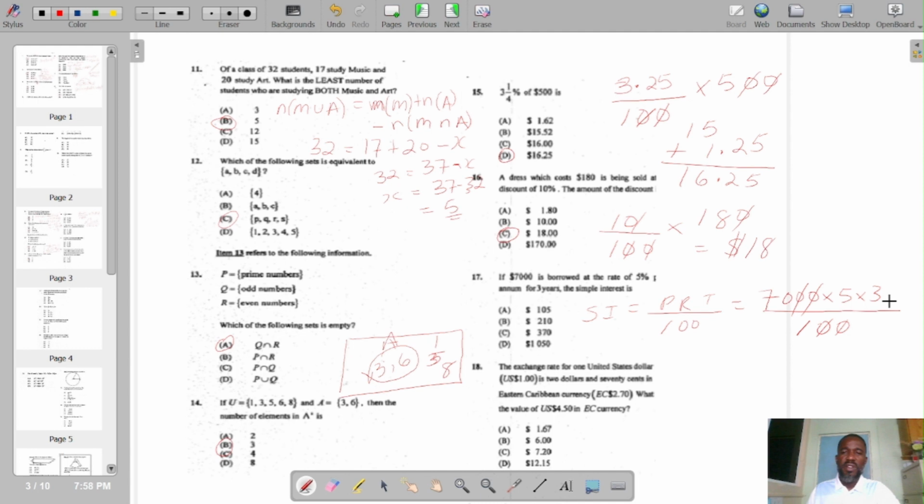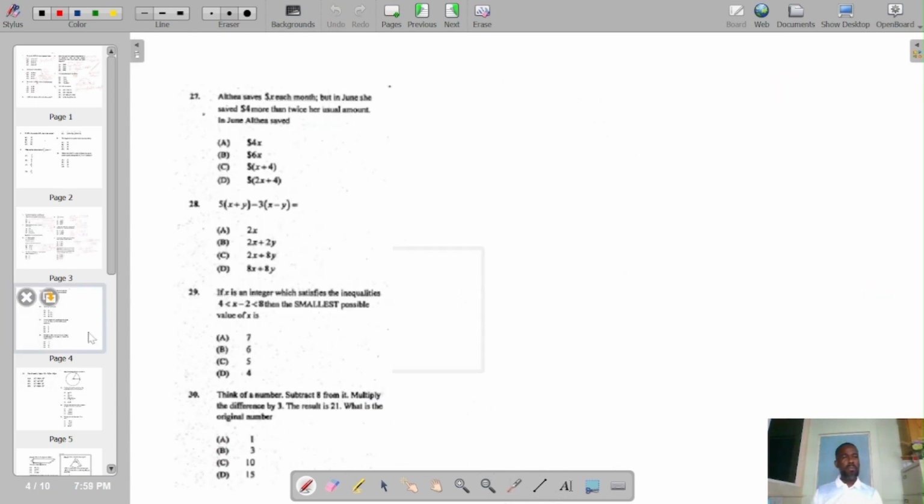Okay. Now, moving on to number 17, it says Albert saves X dollars each month, but in June she saved $4 more than twice her usual amount. So if she normally saved X, her usual amount is X, and 2 times X is 2X.